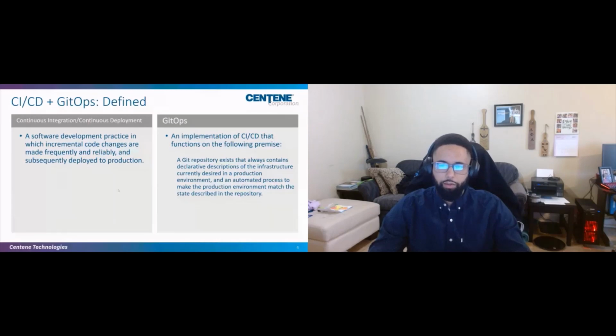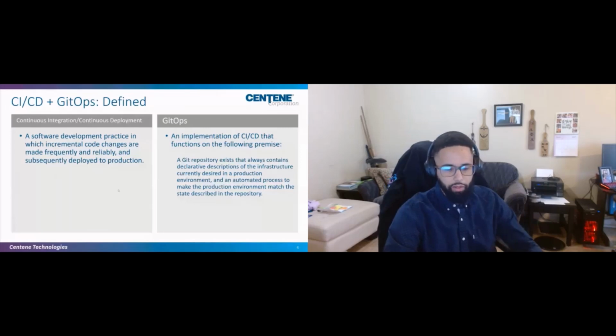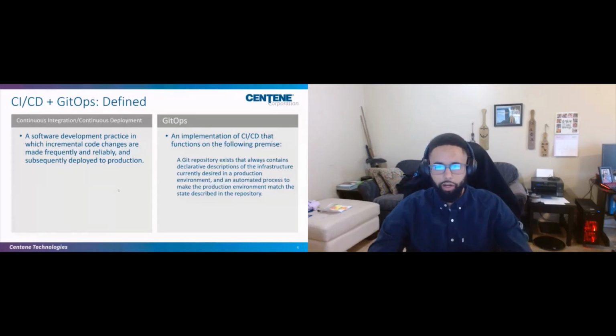And then coupled with that, we have an automated process that will make our production environment match the state that we describe in our Git repository. So at any time, if you want to know what's running in prod, all you need to do is go to our CICD Git repositories, and you see exactly what the specifications are for every single application, from the code all the way down to the infrastructure that it's running on.